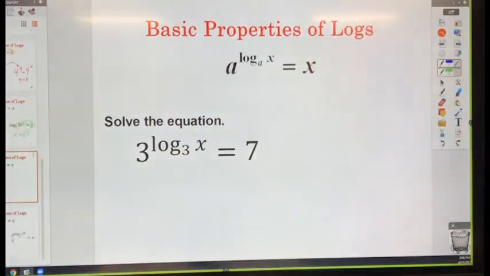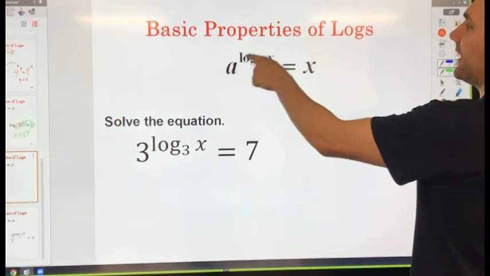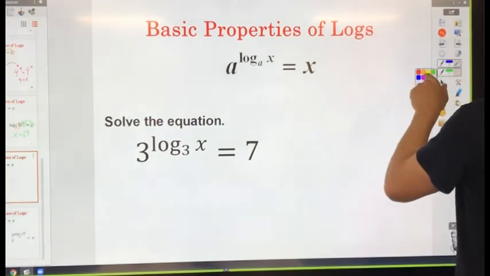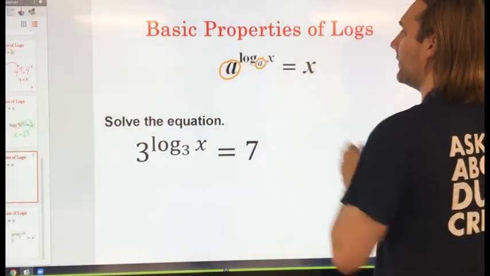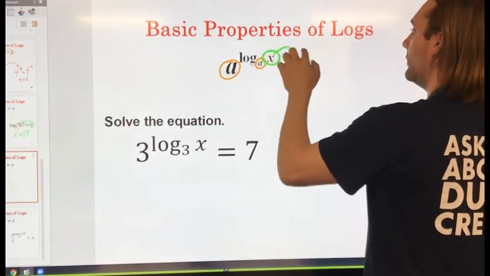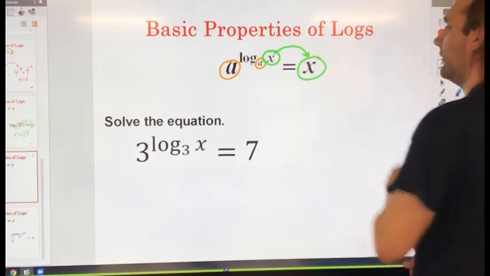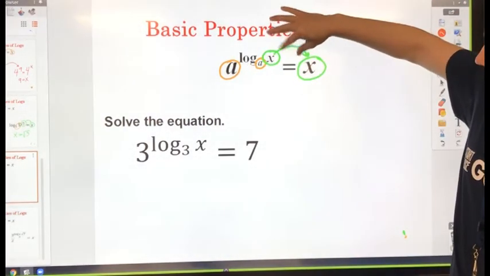Our last basic property: I have an exponent, and it's being raised to a log. And the exponent's base happens to be the same base as my log. So this a is equal to the base a of my log, which means your log value here will equal the solution, x value there. So when these get paired up, these get paired up.